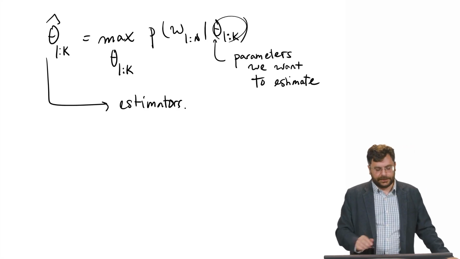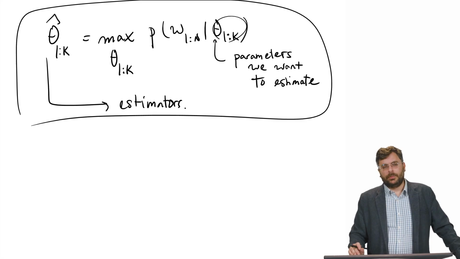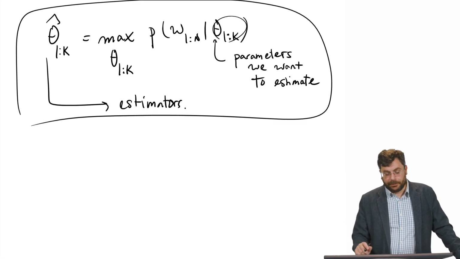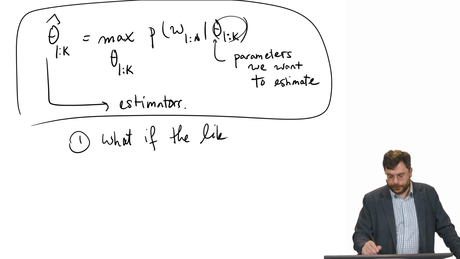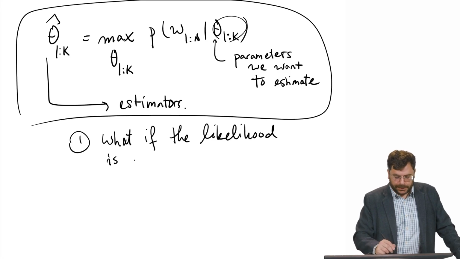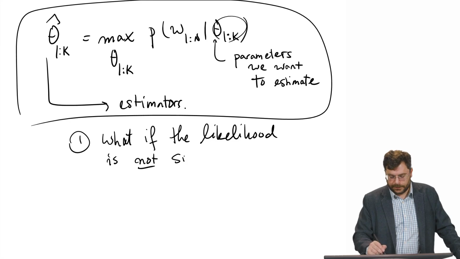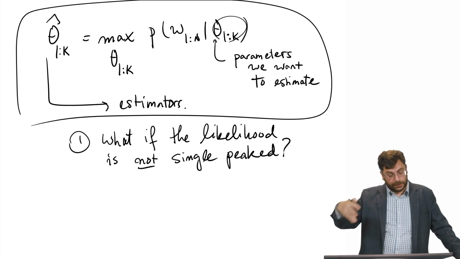So all of this looks great, and this is one way of estimating these parameters, but there are some questions. What if the likelihood is not single peaked? In other words, it's not a unimodal distribution.